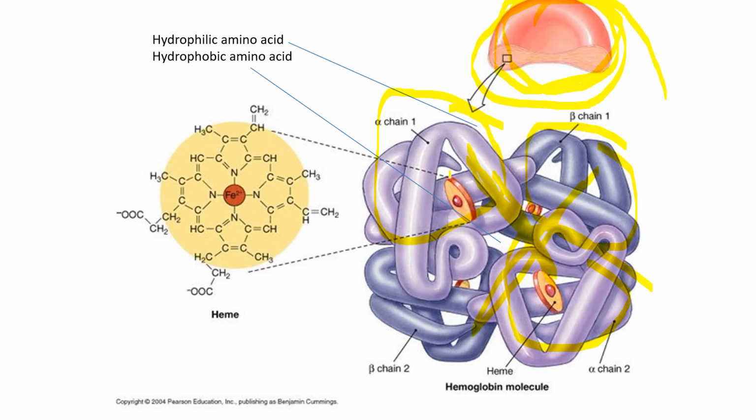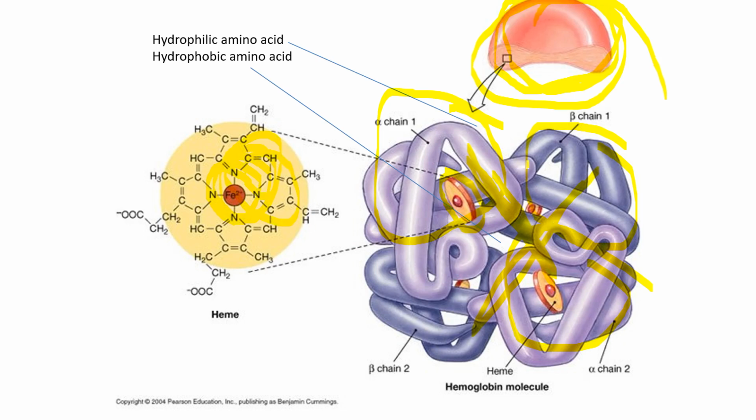Each polypeptide has the heme, which has the ferrum ion that enables this polypeptide chain to bind with the oxygen.